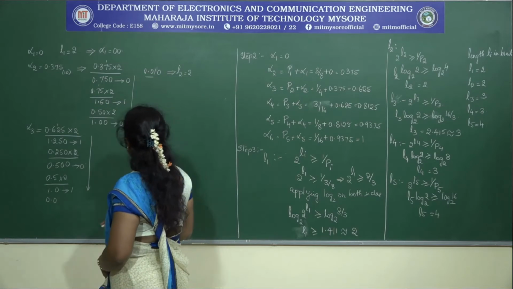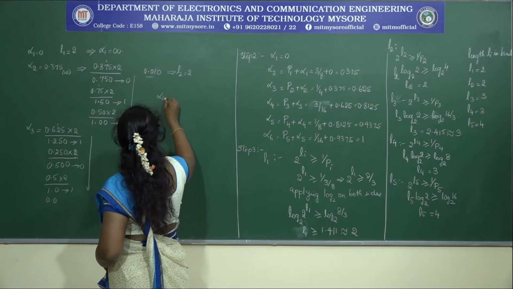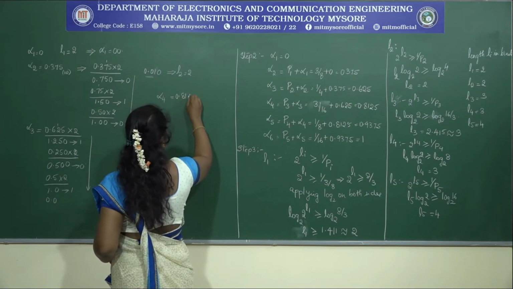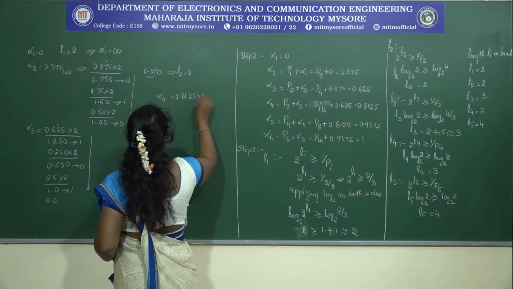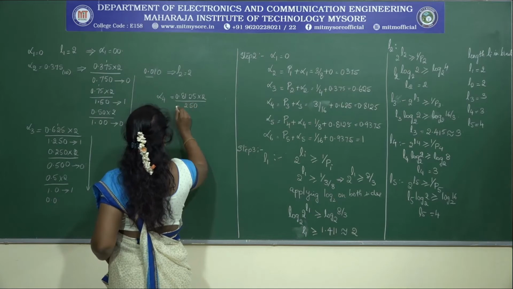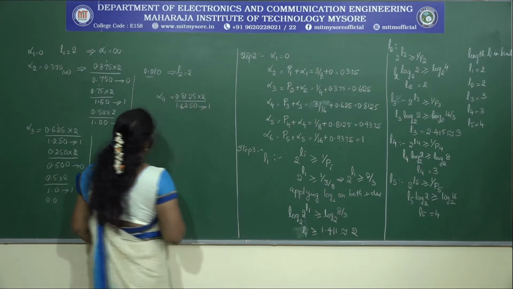Next we need to calculate for alpha 4, where alpha 4 is equal to 0.8125 multiplied by 2. So it is 1.625, the remainder value is 1.